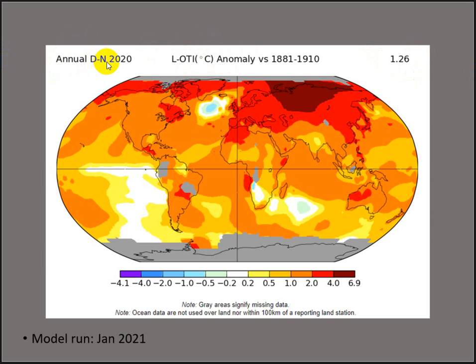Annual December to November, so a full year, 2020, compared against a baseline period from 1881, which is the earliest period of record that GISS has climate data for, through 1910. Atmospheric scientists like to use 30-year periods, and what they're doing here for us is averaging annual temperatures over a 30-year period of time from 1881, pre-industrial, to 1910.